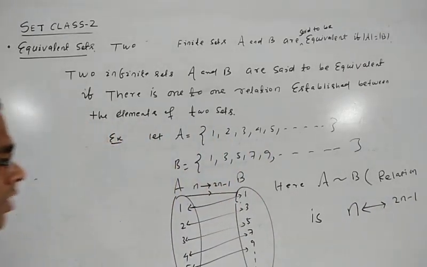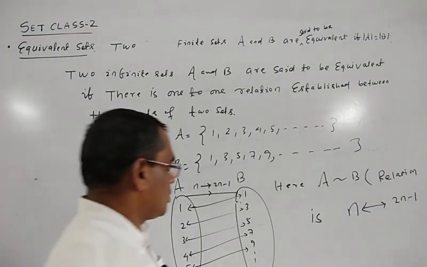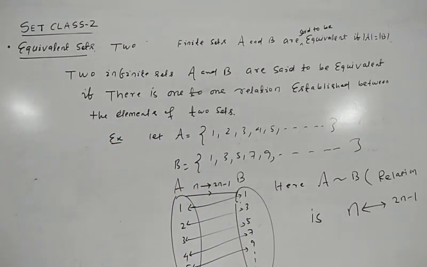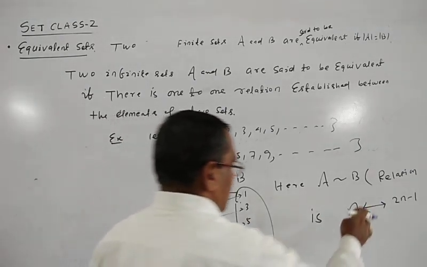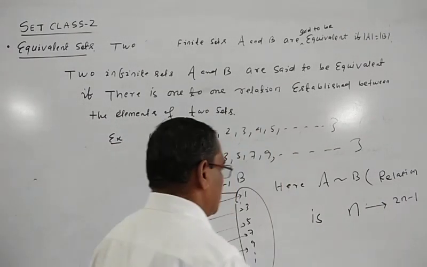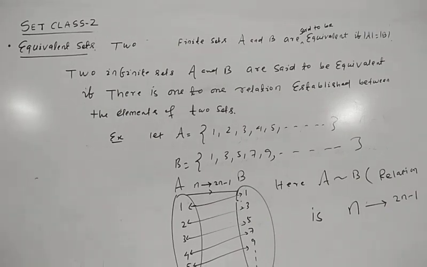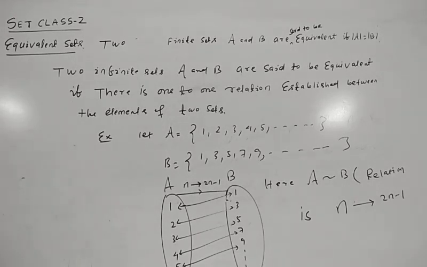So here n goes to 2n minus 1. This is a one-to-one relation. So these two sets are equivalent. Here A is equivalent to B, and this relation is n goes to 2n minus 1, not 2n minus 1 goes to n. This is the relation.